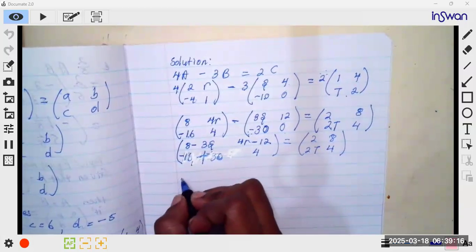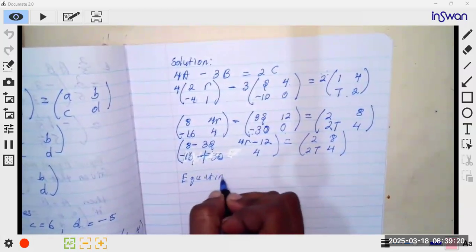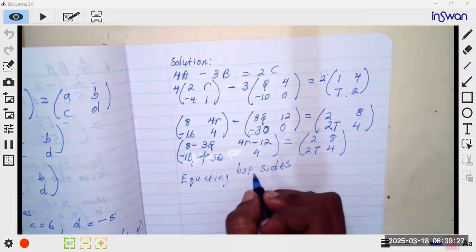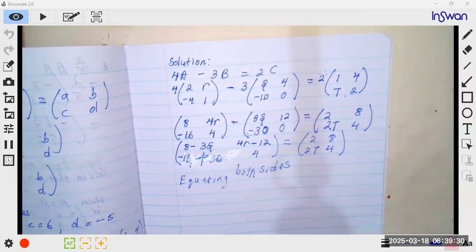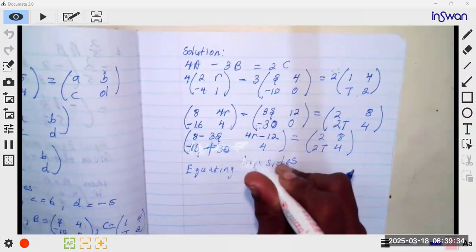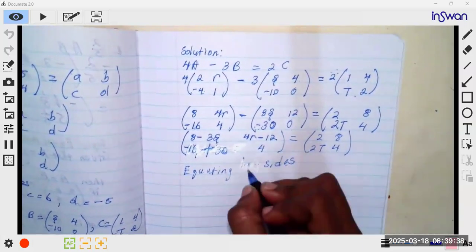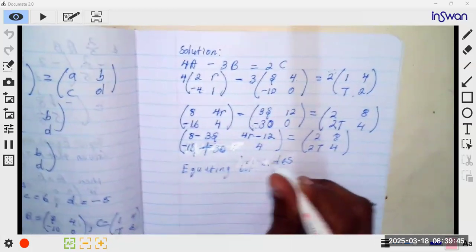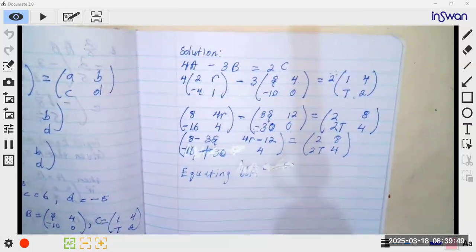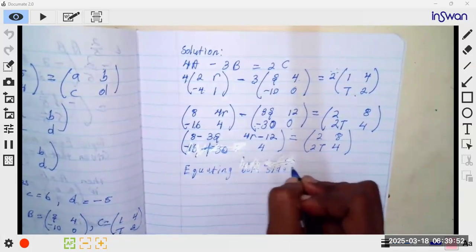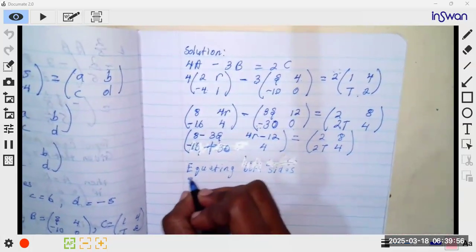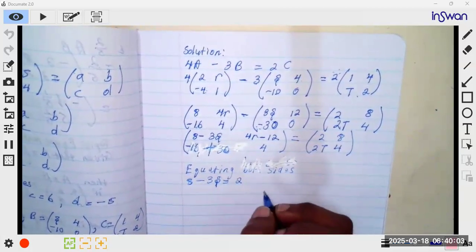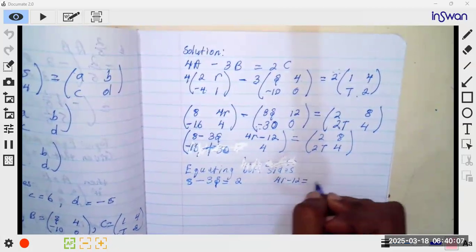So equating both sides, what you'll get: 8 minus 3s is equal to 2. 4r minus 12 is equal to 8.